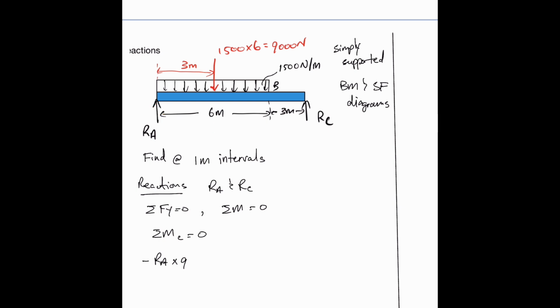Right, notice I've drawn the equivalent load here already, which is at 3 meters in the middle and 1500 Newton by 6. Right, so that's that plus 1500 by 6 by, that's 9,000. And this distance from here to here, it's 3 and 3, 6.